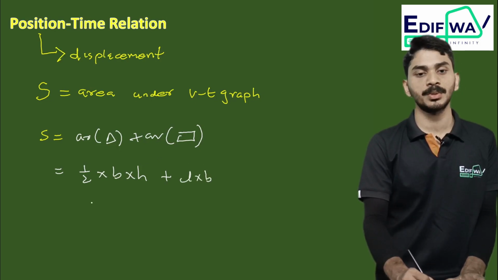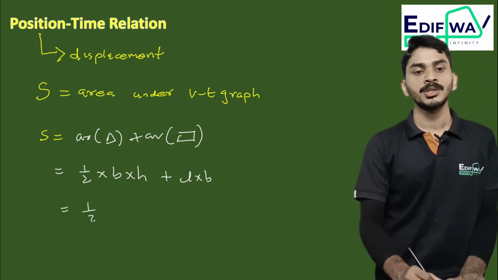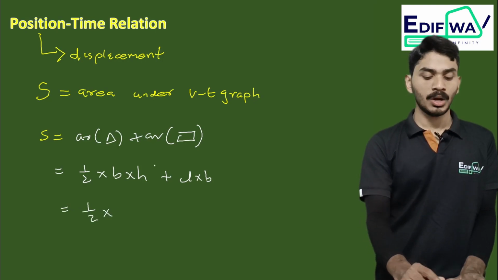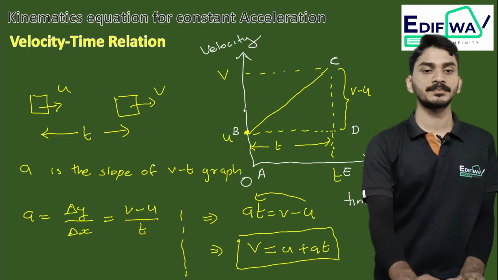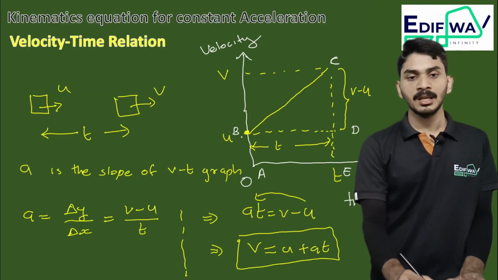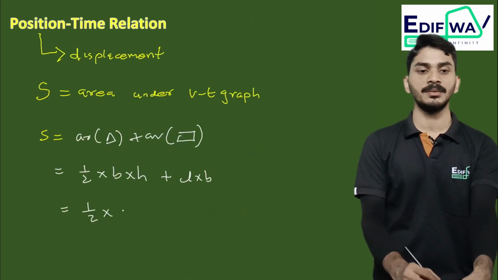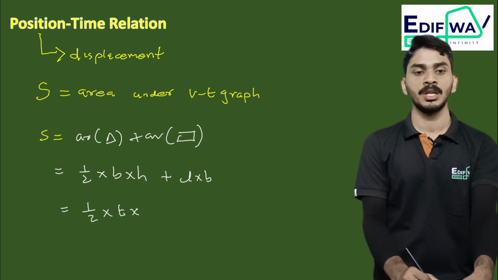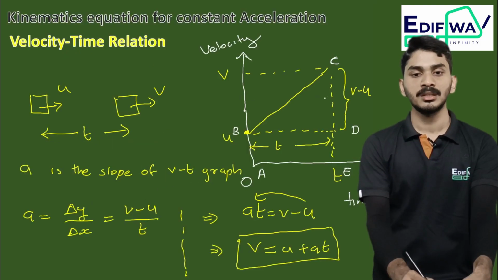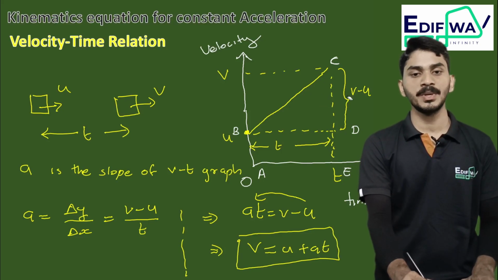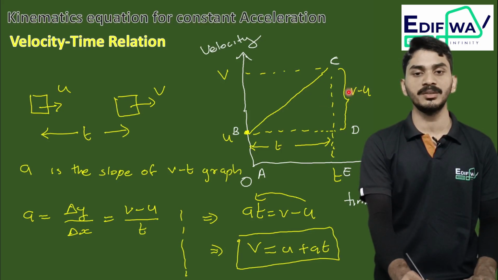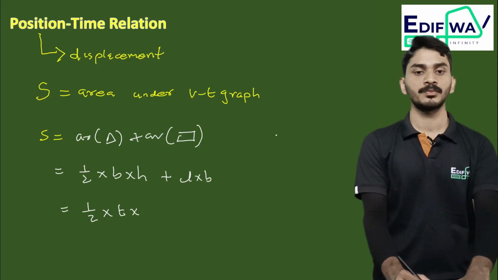So it is half into, what about the base? The base of this triangle is BD, which is equal to t. So t into, and what about the height? The height is basically v minus u.